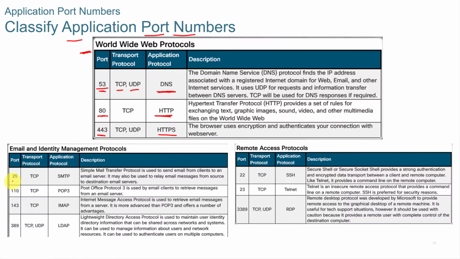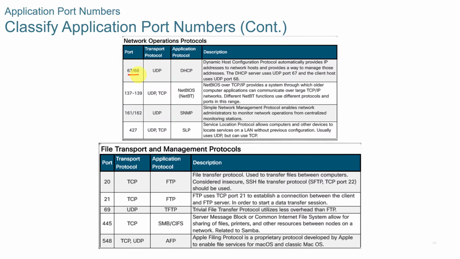And then you've got some other common ones: 25 for Simple Mail Transfer Protocol, SMTP, then POP3, IMAP, LDAP. For remote access and connections, you might have 22 or 23 for SSH or Telnet, and RDP uses 3389. 67 and 68 are for DHCP. NetBIOS uses 137 to 139.